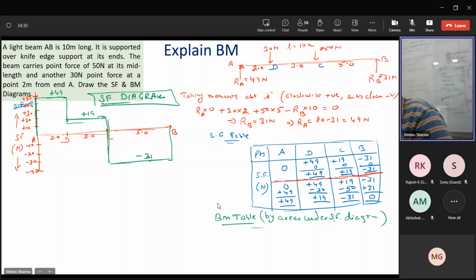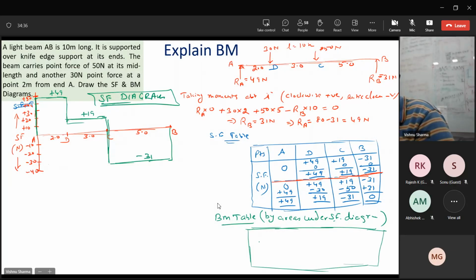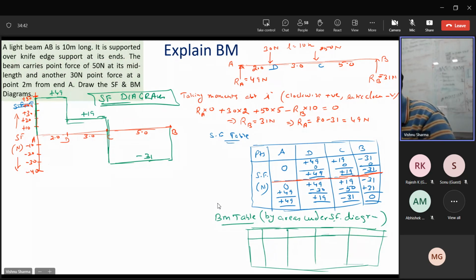And as you have told me, 4 points are good enough, so I'll make it with 4 points: 1, 2, 3, and 4. Order will be same: A, D, C, B. Here I'll get BM. Unit of BM will be what? Force into unit of length. Force is Newton in this question. Length is meter, so BM will be Newton meter.